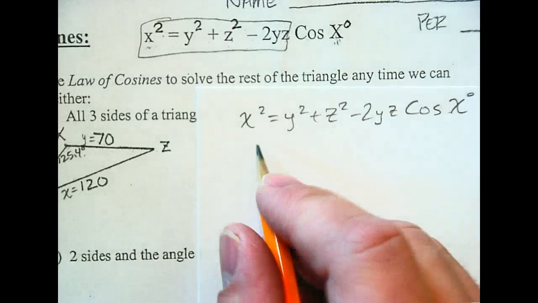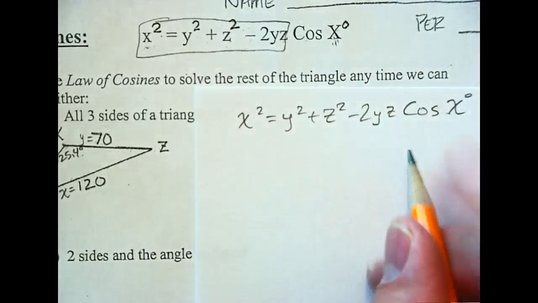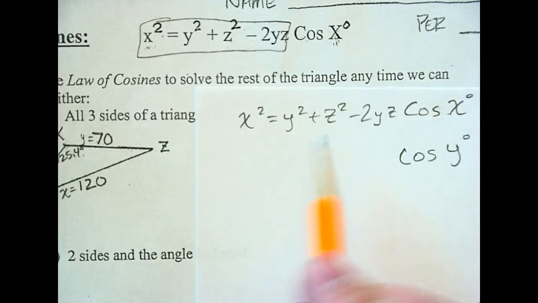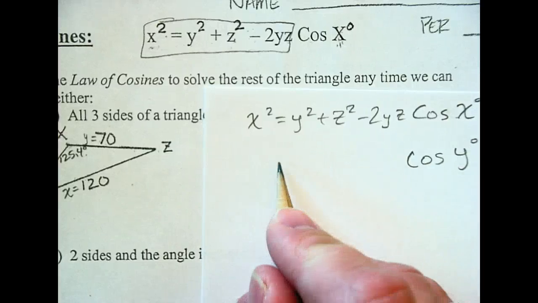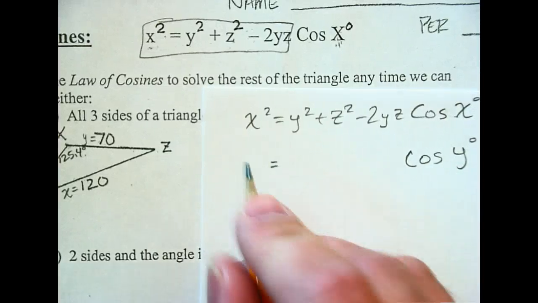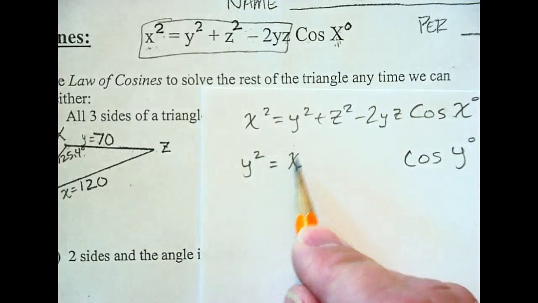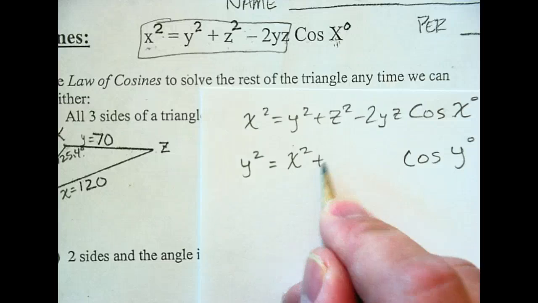If we want to find y, it's going to have to end with cosine y. But that means y is down. I'm going to start with y squared equals x squared plus z squared minus 2xz cosine y.